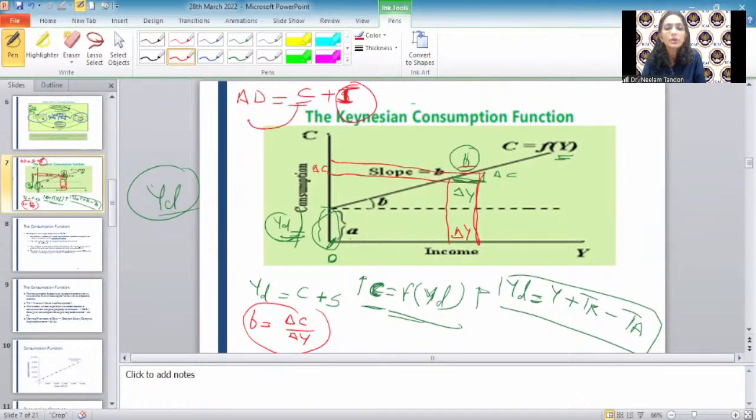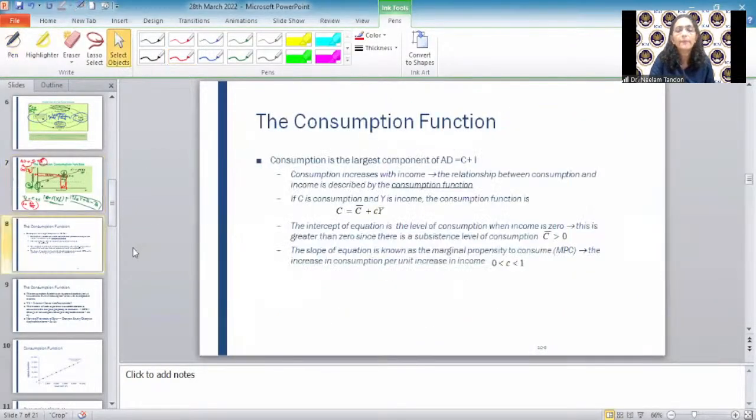Consumption drives the economy. And this consumption depends on what? This consumption is a function of disposable income. Okay, so this is the concept which you have to remember.